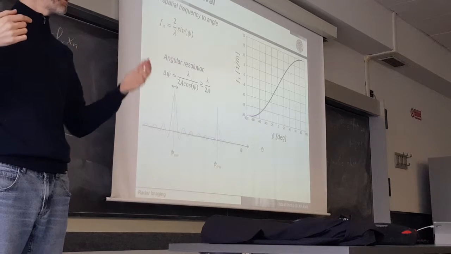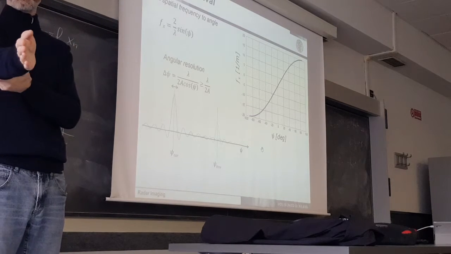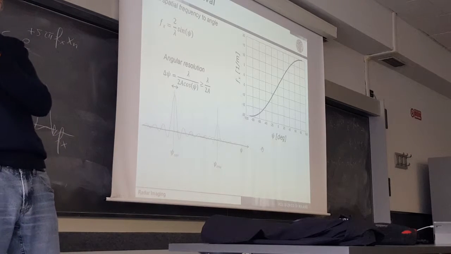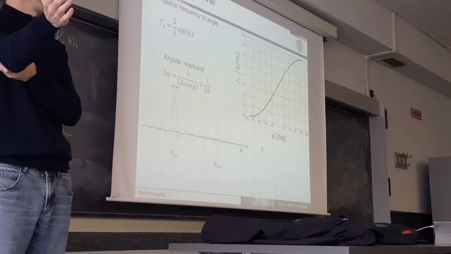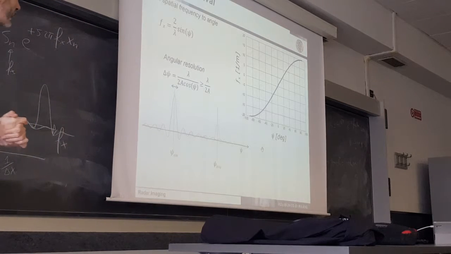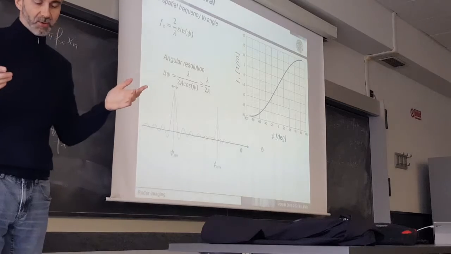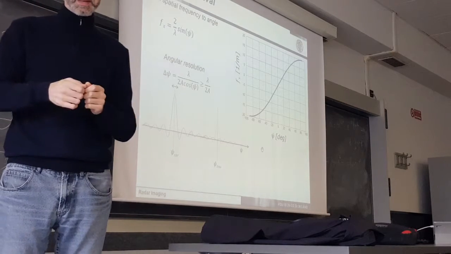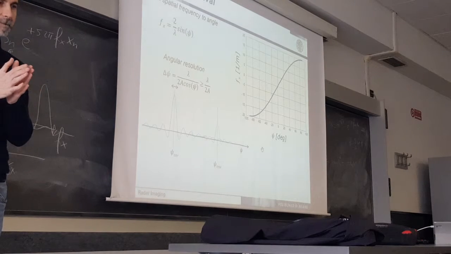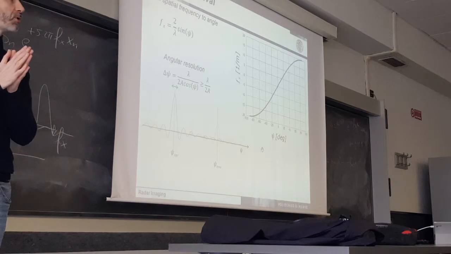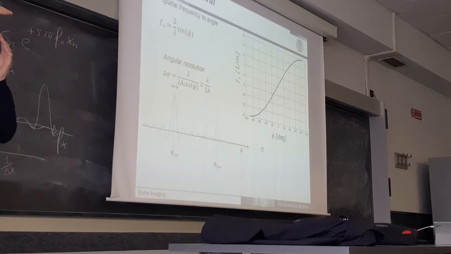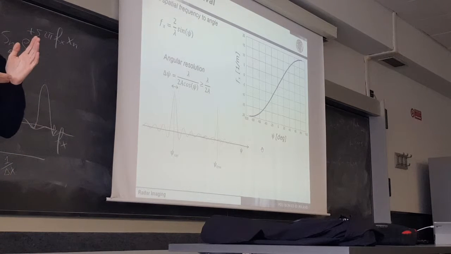So let's say that a target at this angle or at this other angle will appear exactly at the same position. And this is an intrinsic ambiguity of the system, which, if you like, we say that we are just localizing the target along a circle.